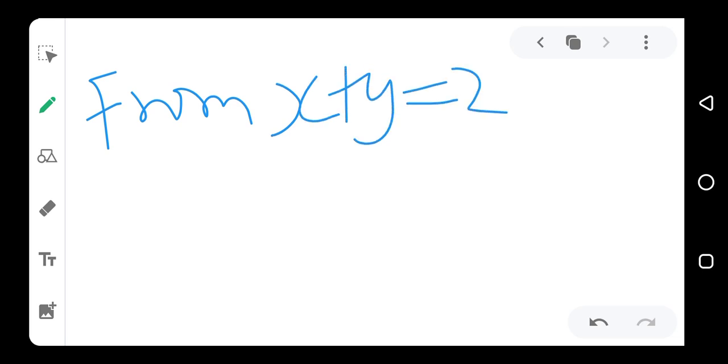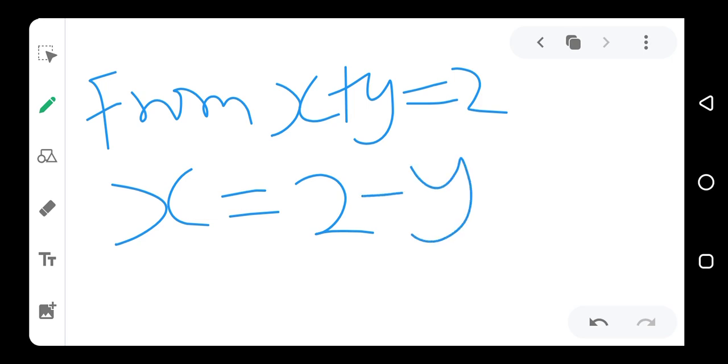Now that means that we can decide to make x the subject of the formula. y has plus here. If it is coming to this side, it becomes minus. So x is equal to 2 minus y. Now we have made x the subject of the formula.